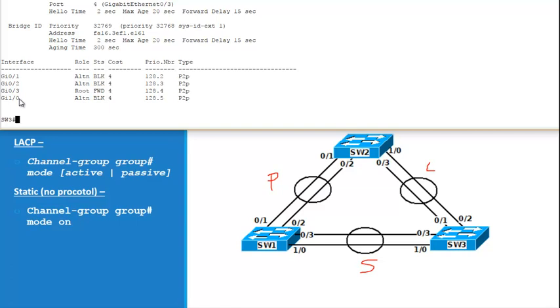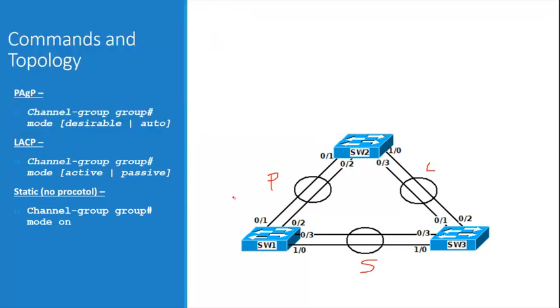So let's see how and if we broke our loops. So what did we say? We said on switch 1, everything is forwarding. Forwarding, forwarding, forwarding. And what was switch 2 again? Now I don't remember. I have to go back and look. Here, we look back.